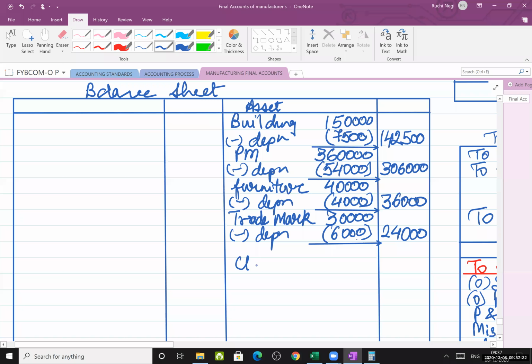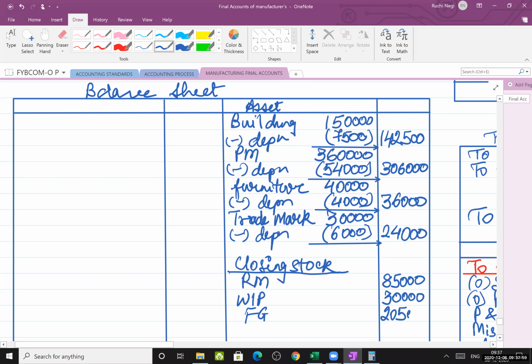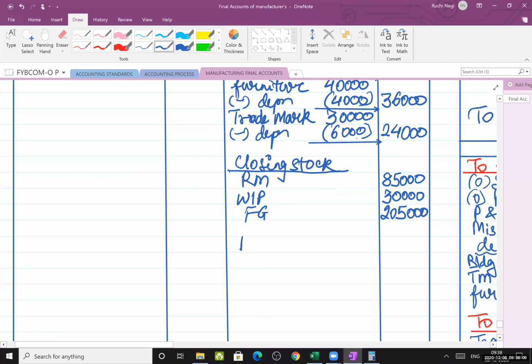Then that closing stock. In this, raw material, WIP and finished goods: 85,000, 30,000 and 2,05,000. Okay. Next, debtors.